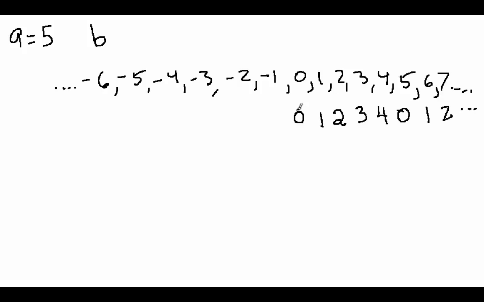Likewise, if I come back here and go this way, like that, well, this is kind of interesting. Notice what I'm doing here is breaking the integers down into 5 pieces.